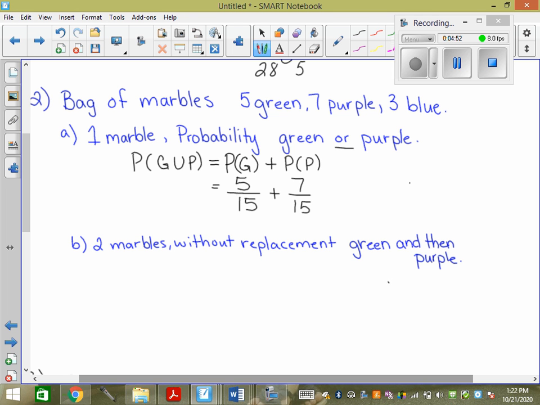It's going to be out of 15 and the next time it's going to be out of 15, because you start off with full new probabilities each time when it's an OR. So we're going to get 12 out of 15, which reduces to 4 out of 5. Or if I said to the nearest tenth, you would say 0.8. If I said to the nearest whole percent, you would say 80%. So it just depends on which one I asked. Okay? That's pretty good.